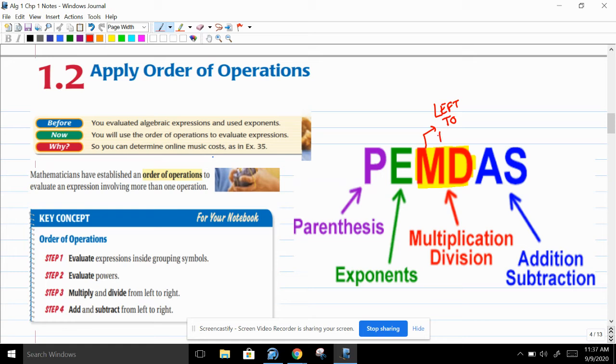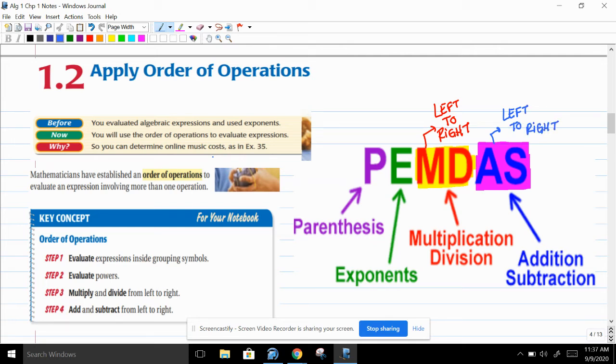And I like to say that because they are in the same family. I'm going to do the exact same thing with addition and subtraction. Because addition and subtraction are in the same family, we are also going to tackle them from left to right.